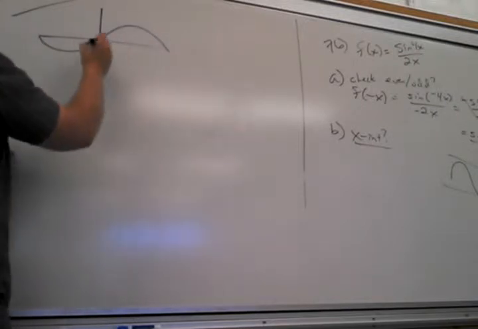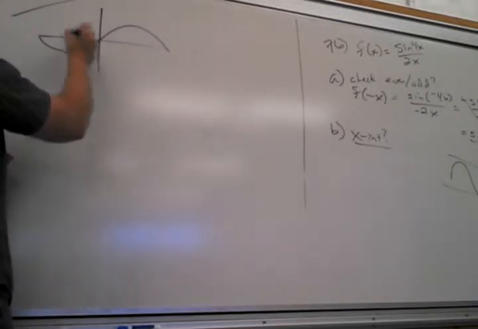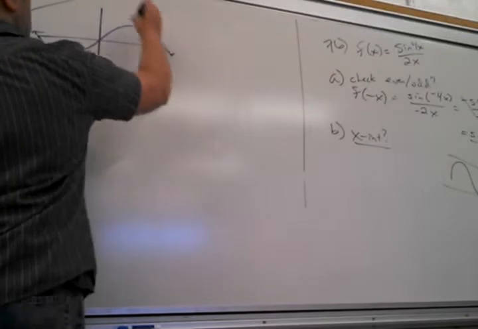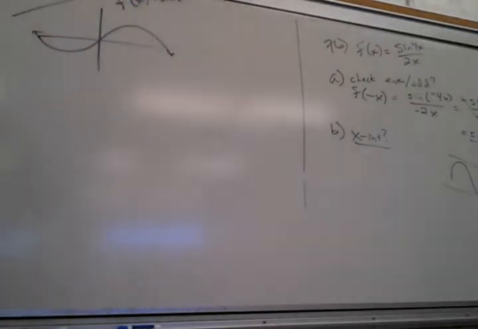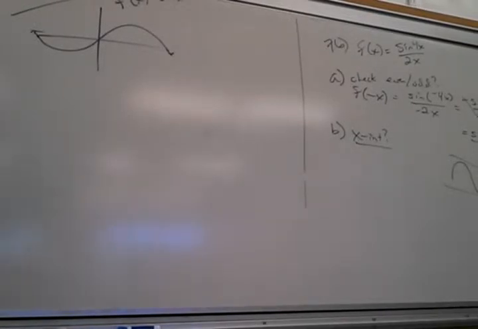If I just graph one piece of this, if I cut this off, I want to cut it in such a way that it passes the horizontal line test, but it also captures all of the possible values. So it doesn't have to go through a whole cycle to capture all the values.